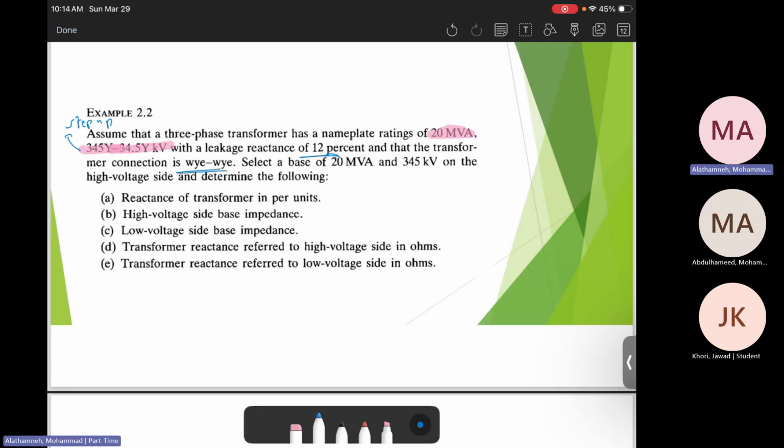So the transformer connections are Y to Y, we have S base 20 and high voltage base 345 on the high voltage side. We need to identify the reactance of the transformer in per units. It's already been given as 12%, which is 12 divided by 100, so it will be 0.12 per unit. That's the first one, part A, the reactance.